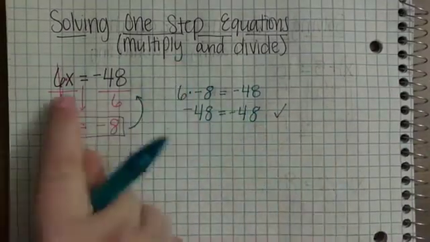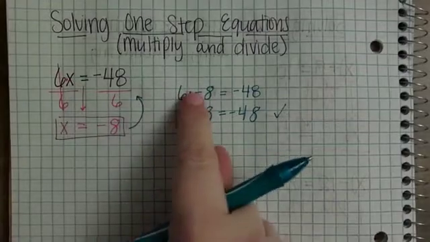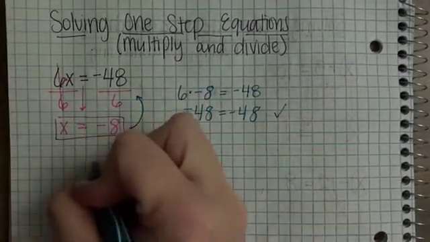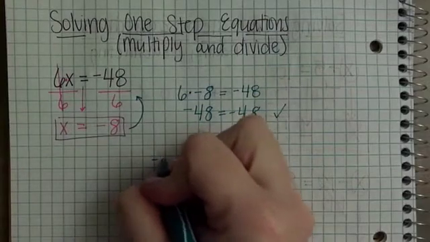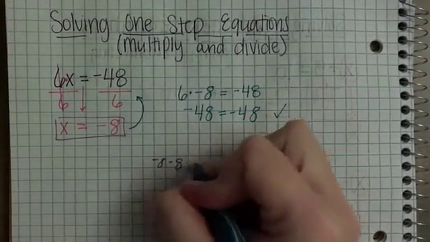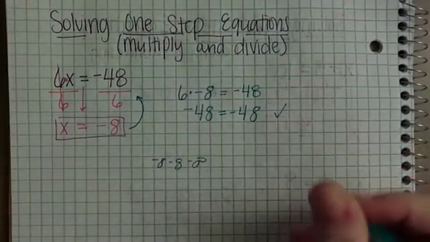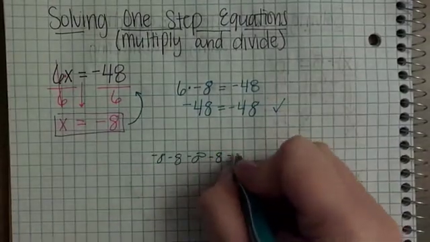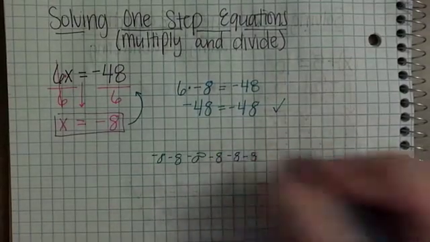Or remember, it's 6x, or 6 of the same thing, so you could put 6 x's, or negative 8, negative 8, negative 8, 1, 2, 3, 4, 5, 6.